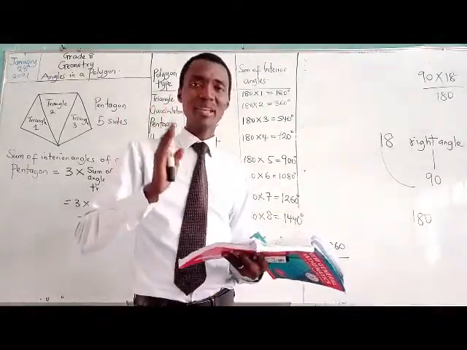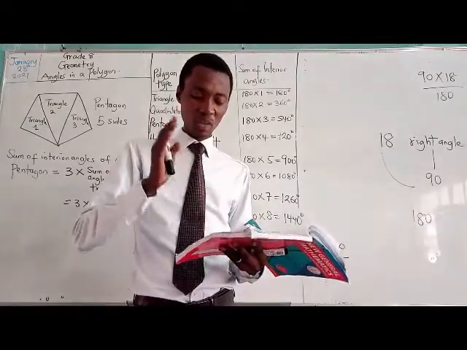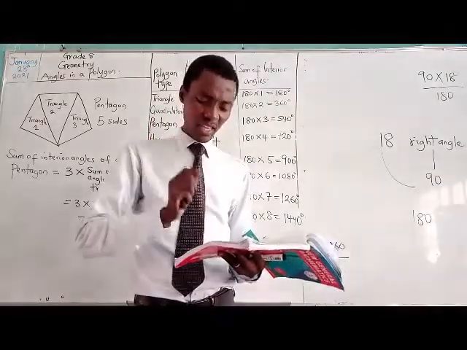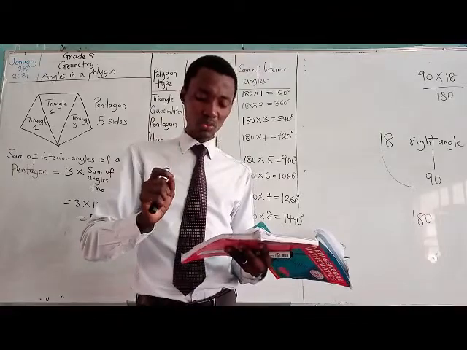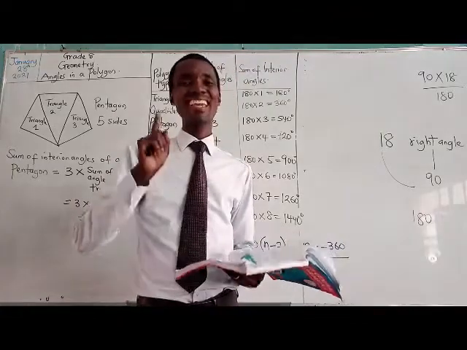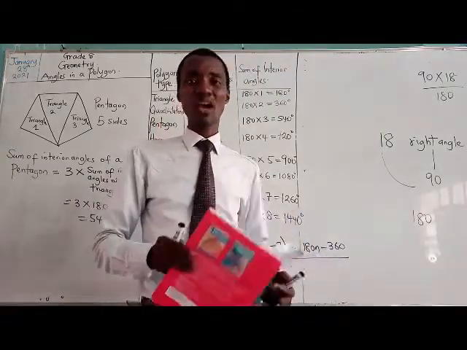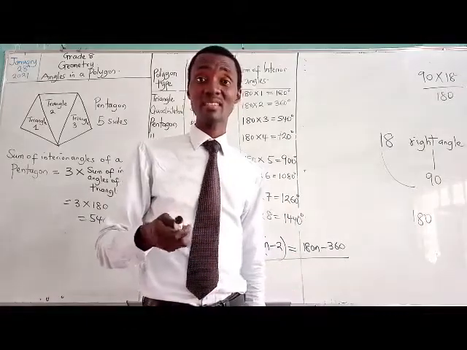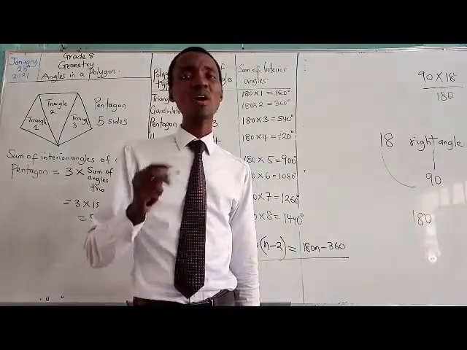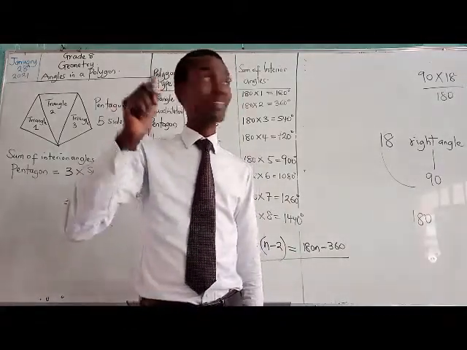I'll come again. How many sides does a polygon have if the sum of its angles is 18 right angles? The first question you want to answer is this. What is the value of one right angle?